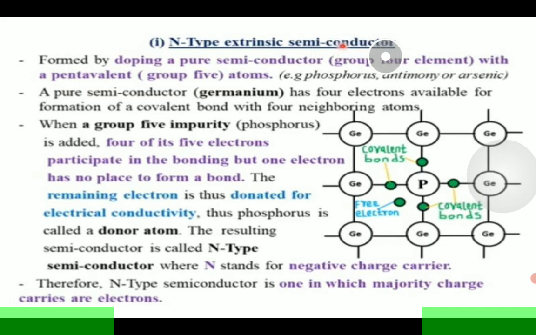A pentavalent atom is one which is in group number 5. The pure semiconductor is any element in group number 4, and the doping element is an element from group number 5. Examples of these doping atoms are phosphorus, antimony, and arsenic. If you go to your periodic table, the full periodic table, which has 119 elements, just go to group number 5 of the periodic table, you find these elements there.